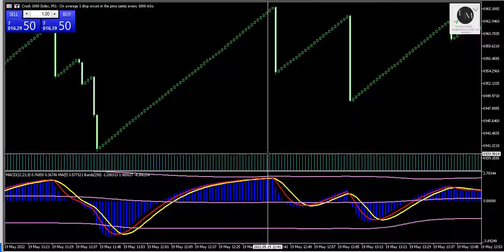You get a very good result with this on boom 1000 and crash 1000. To be honest with you, it is very volatile as well. The risk is very high as well, despite the fact that it works so well.